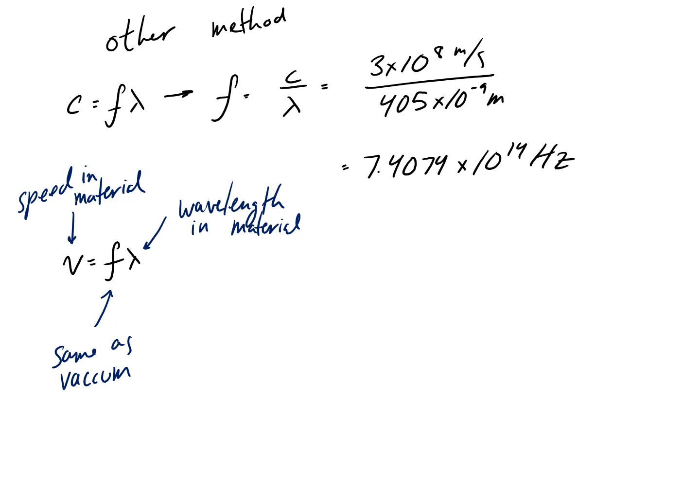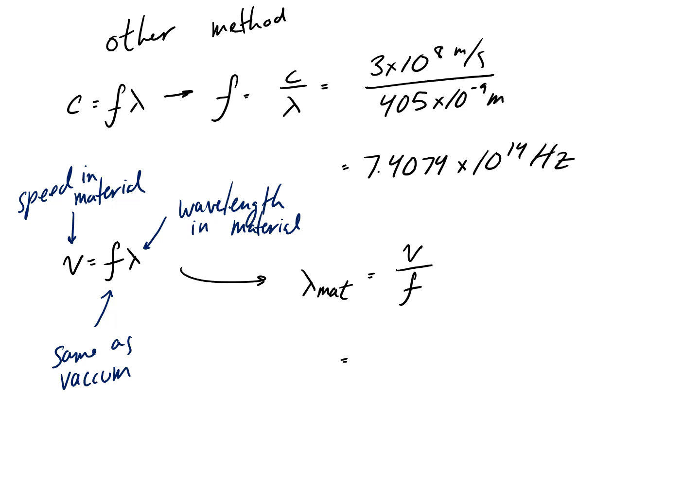So when we rearrange this, we're going to have wavelength. Technically it's the material, so I'm going to put mat just so I know it's not the same as what I was given. It's going to be equal to the speed that I solved for in part A divided by the frequency that I just solved for.